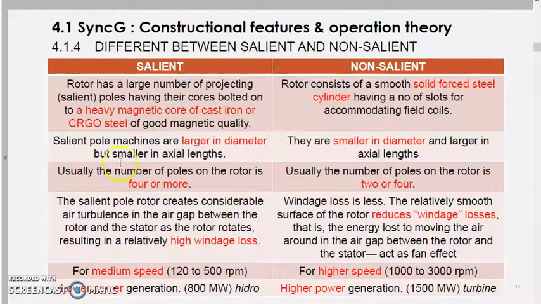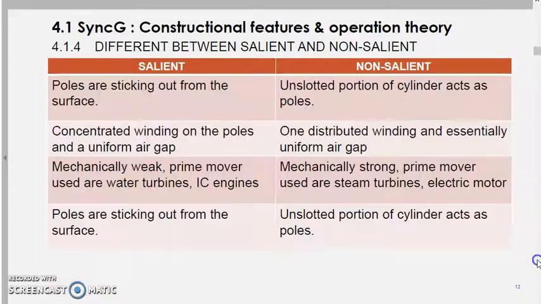So this is the salient pole compared to the non-salient pole.